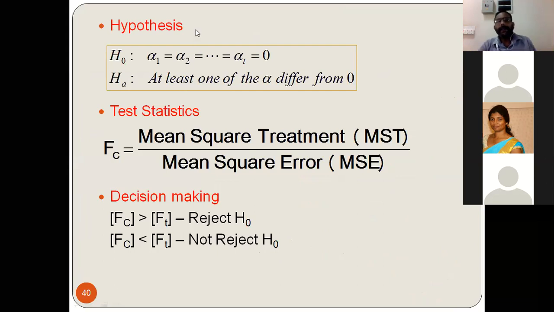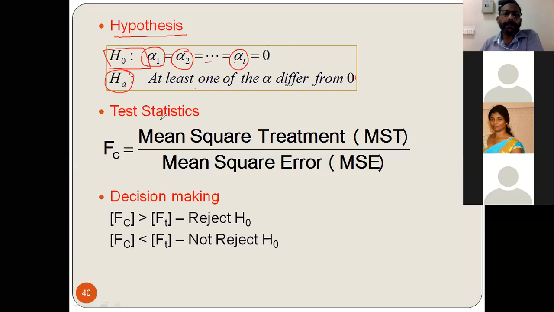To make the decision, we'll have to have some format. What are those formats? First thing is, what is our hypothesis? We said this is the first treatment effect, second treatment effect, and so on. This is the last treatment effect. These treatment effects are equal to 0. So that is our null hypothesis. What is the alternative hypothesis? At least one of the alpha differs from 0.